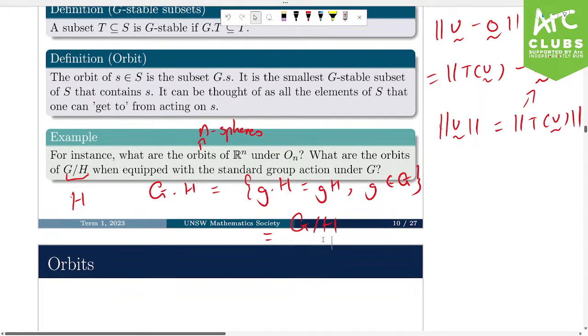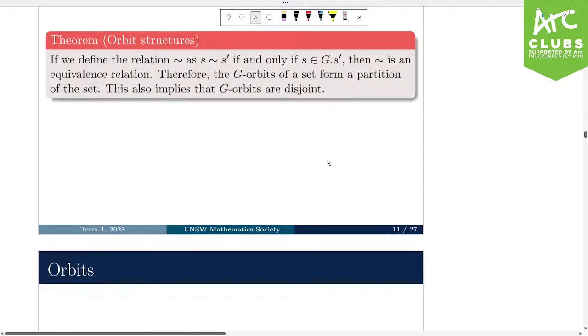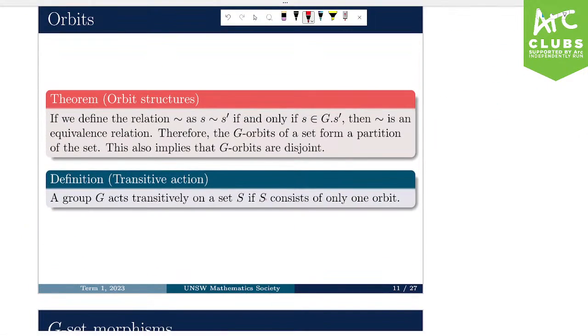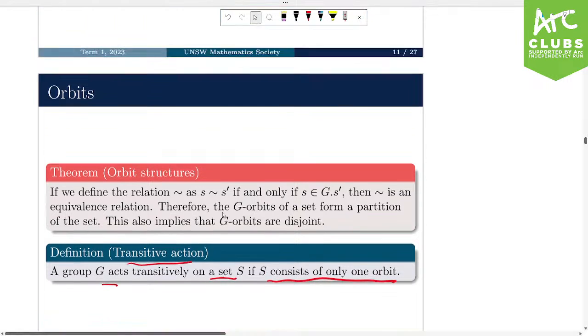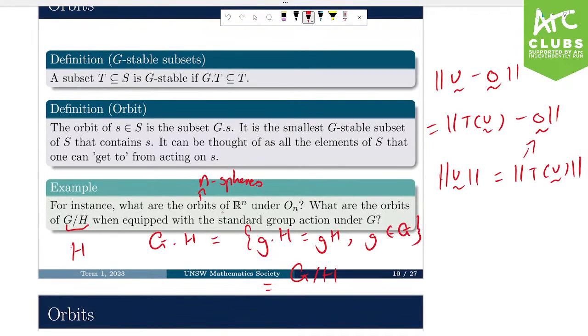There is a special name for when this happens: transitive action. G acts transitively on a set S if S only has one orbit. So here we can say that G acts transitively on G mod H.